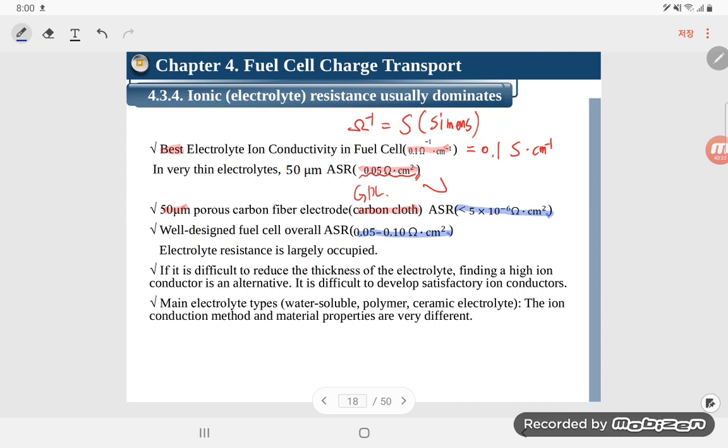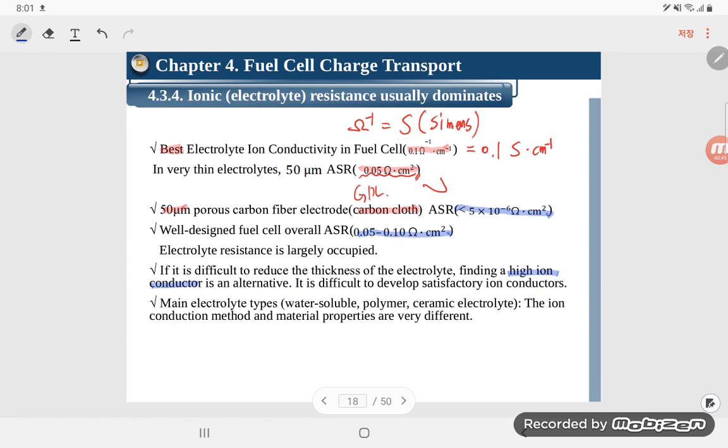If it is difficult to reduce the thickness of the electrolyte, finding a high ion conductor is the alternative, right? If there is a thickness limit, then you should find a high ion conductivity material, and it is difficult to develop a satisfactory ion conductor.